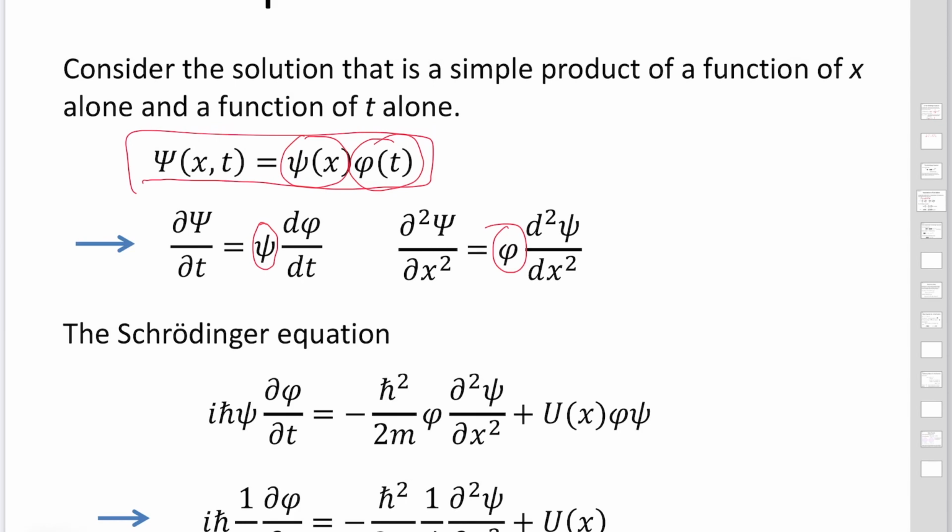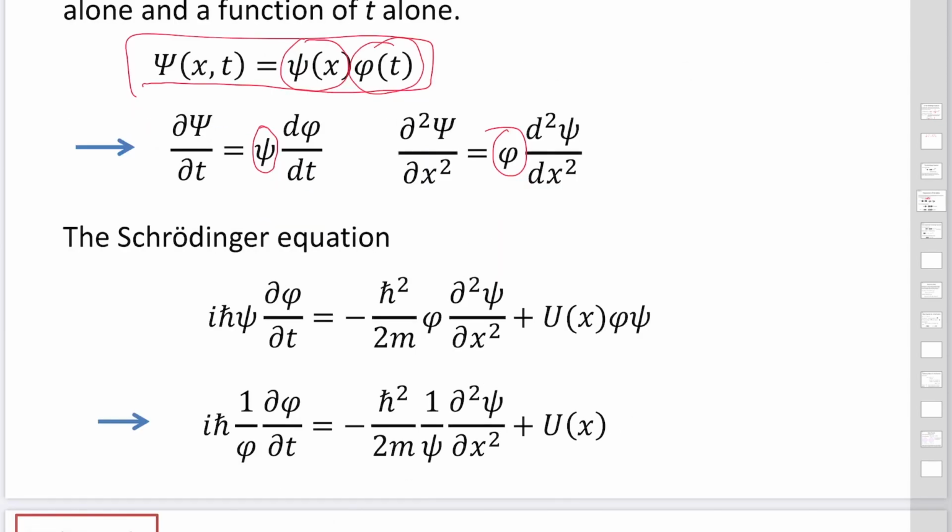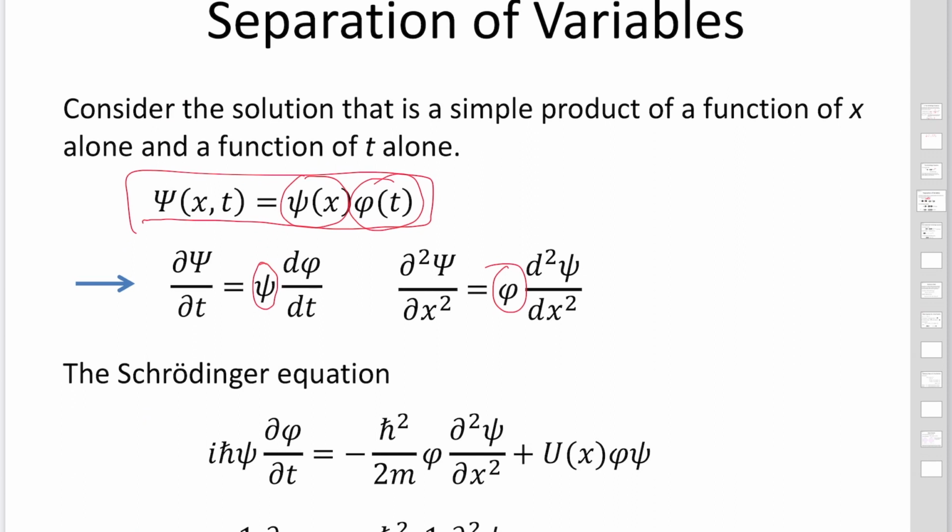And then you can substitute into the Schrödinger equation. The Schrödinger equation is i h bar, partial capital Psi over partial t, equals minus h bar squared over 2m, times the second derivative with respect to x.